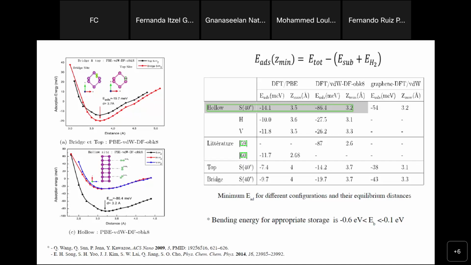In the first figure, there is the sloping orientation in two different adsorbent sites, bridge site and top site, while here in this figure, it is the hollow site with the different orientations. And as we can see, the minimum of the energy is always obtained with the sloping orientation. The next slide, please.